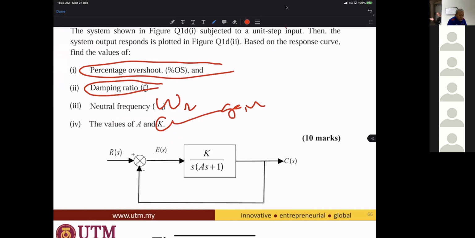And this system is type 1, because it is S to the power of 1.